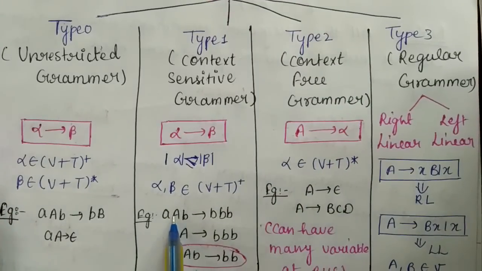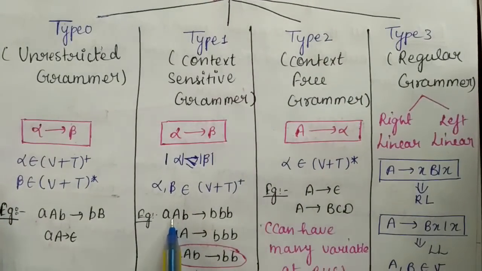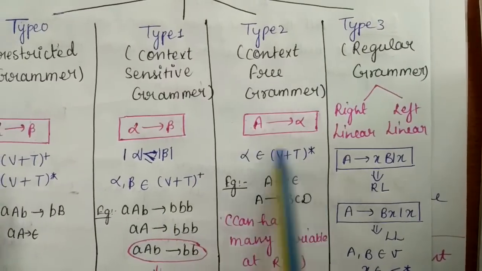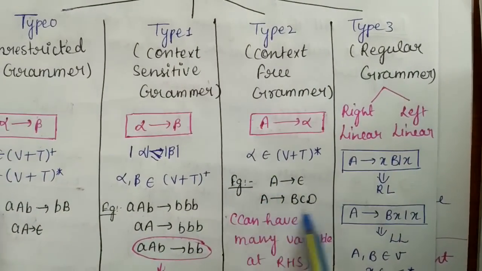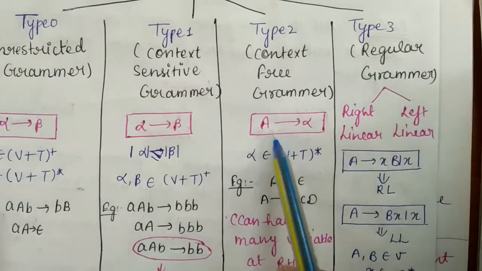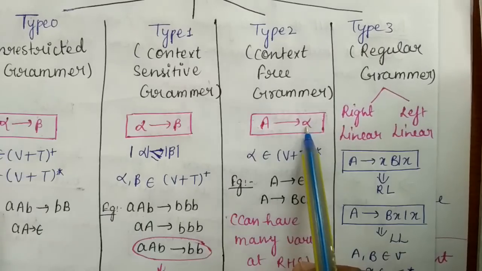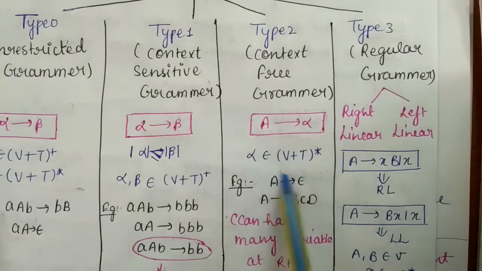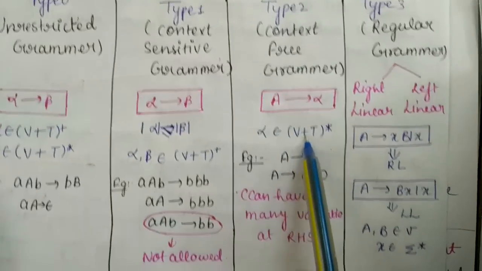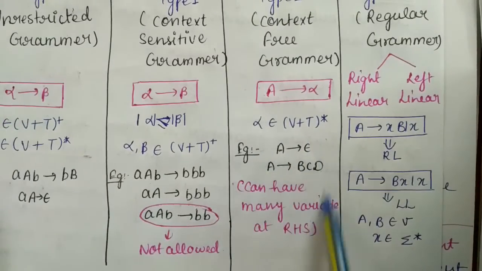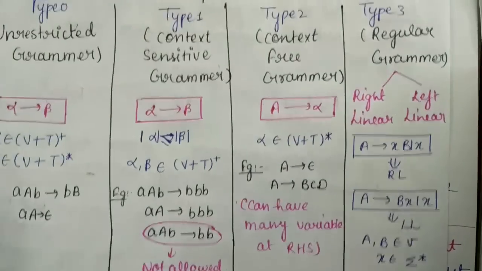So in context free grammar we have productions like A tends to alpha, where alpha can have any combination of variables and terminals. These types of grammars are known as context free grammar.